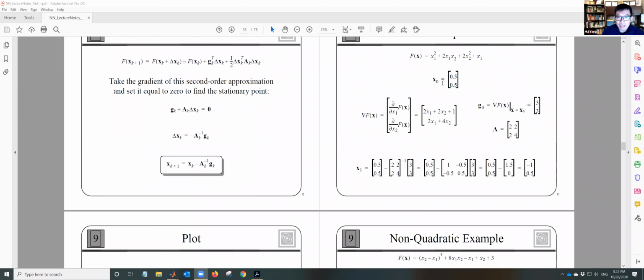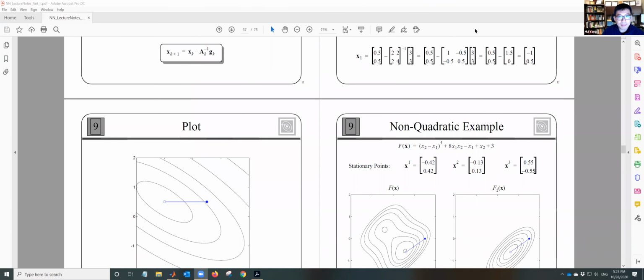So this is initial search location. You have the gradient, and you have the Hessian over here. This is your gradient at this location. Now, if you do the x1 equals to the initial location, A inverse, and then gradient, then you will be able to get minus 1.5. You see here, Newton's method, just by one step, you reach the minimum.